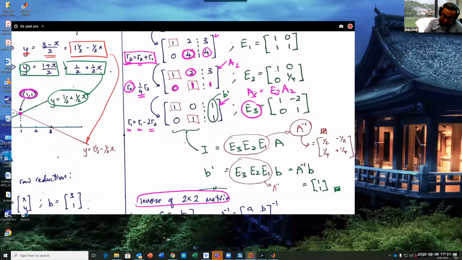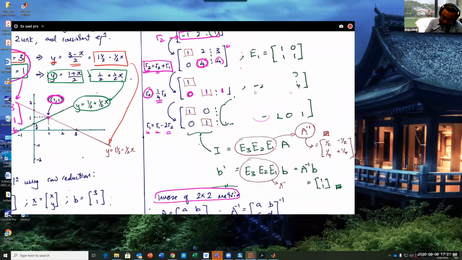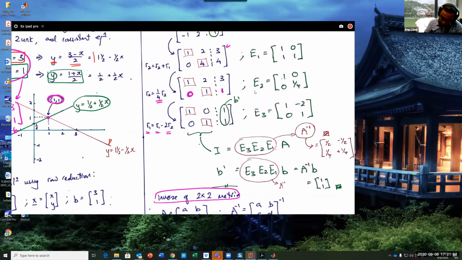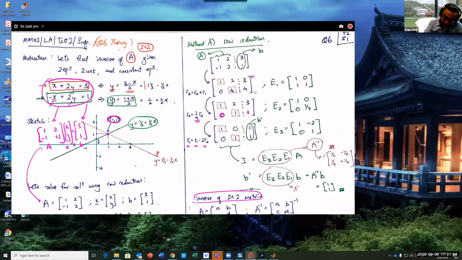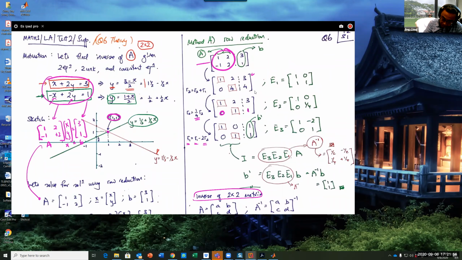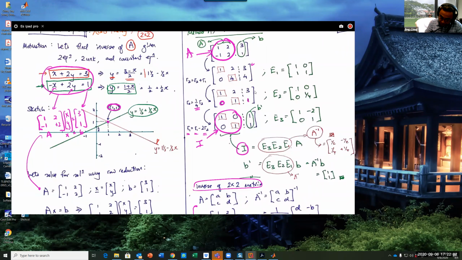So in conclusion, when we start with the matrix A and we end up with the matrix I, we had done this. The matrix I equals this matrix A multiplied by E1 first, then by E2, by E3 on the left.